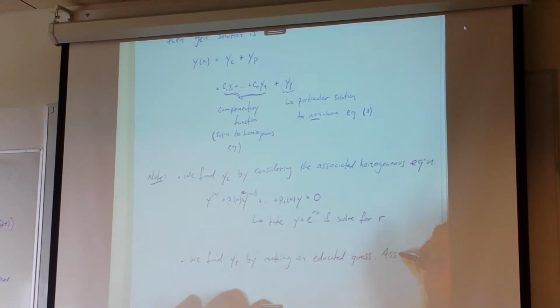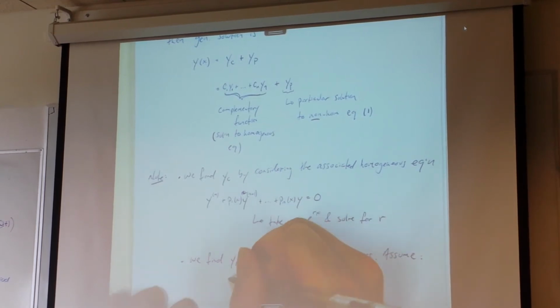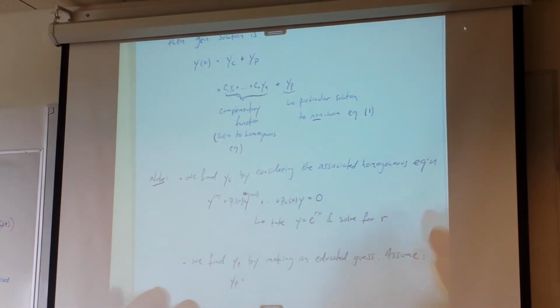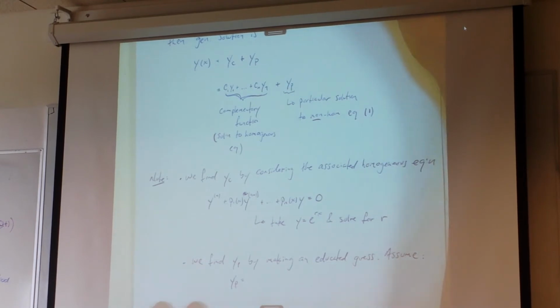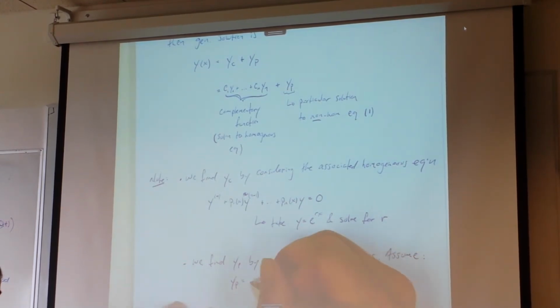All right, so we sort of assume that y sub p is of the same general form as the forcing function f of x. Okay, and we'll talk more about what that means after we do some examples. But it's going to be a times something.